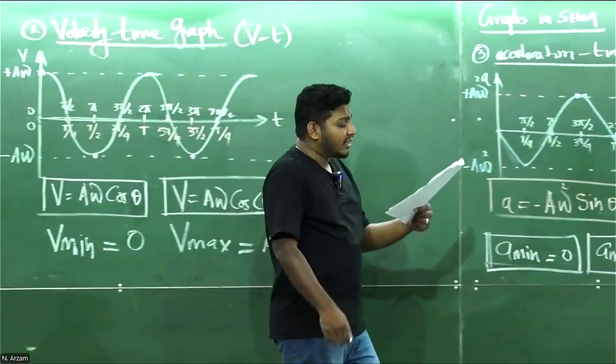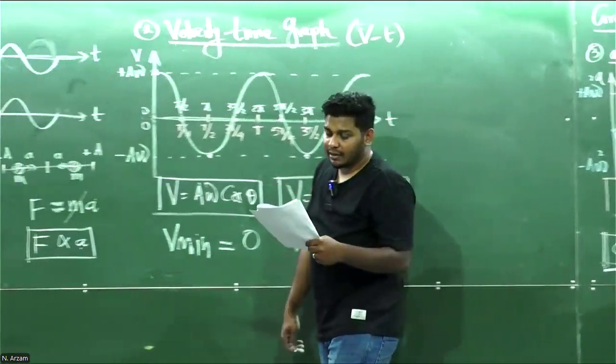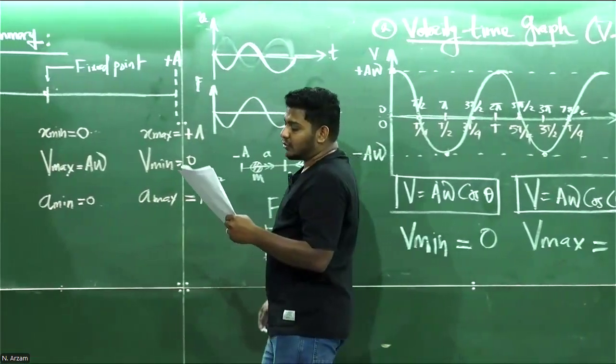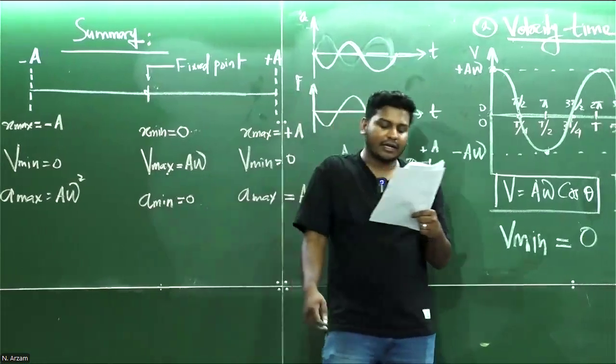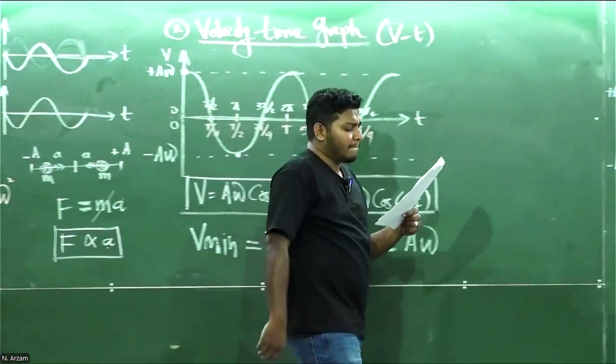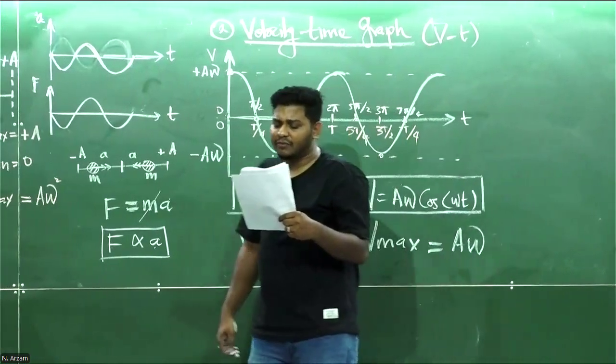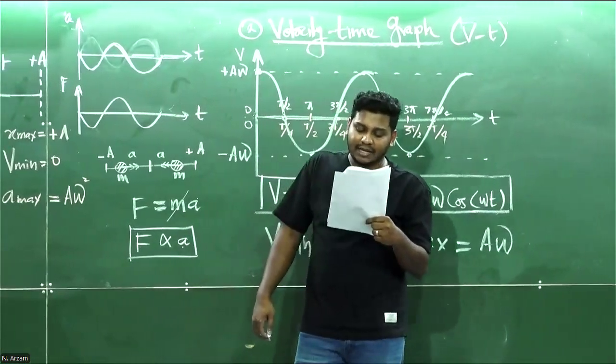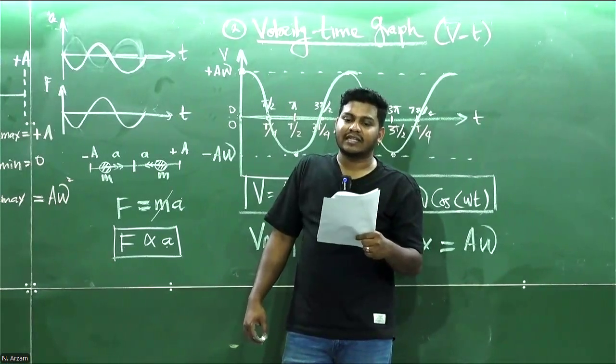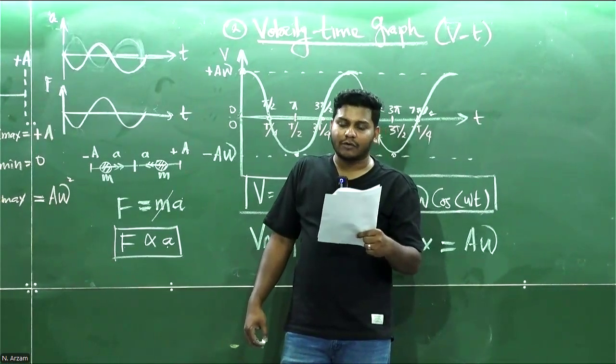Okay, look at the second question. In that question, they have given a graph. In that graph, can you tell me what is the T of the graph? That means what is the period of time of that graph?